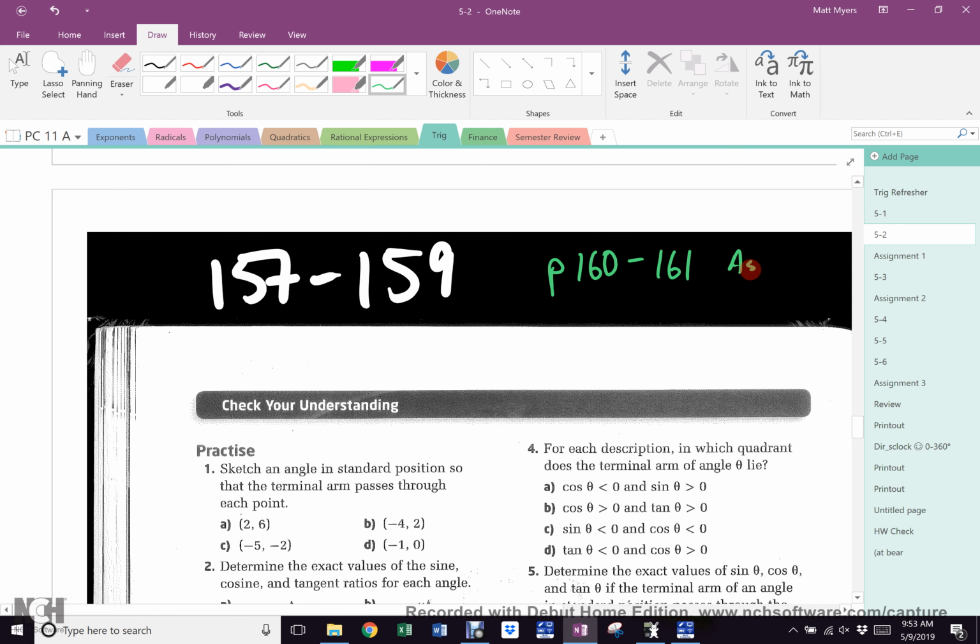Is an assignment for marks due when? Monday. Why Monday? Because you're writing a cumulative tomorrow on what? Because tomorrow is cumulative number 2 on what? Quadratics and rationals.